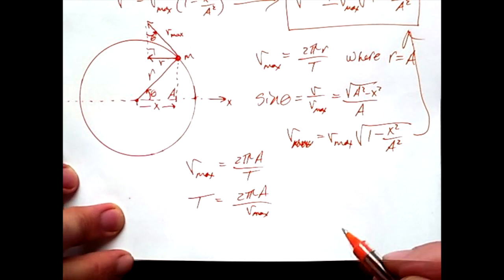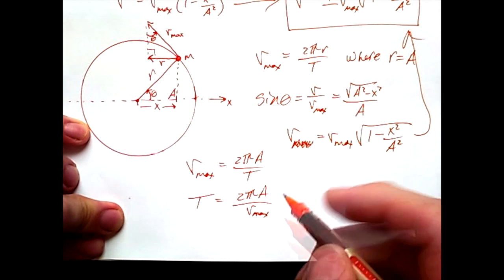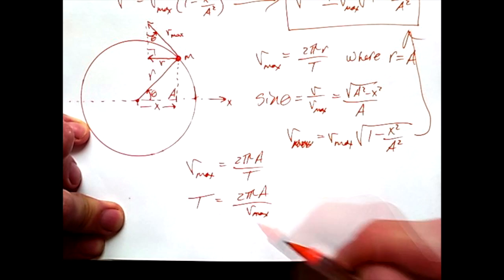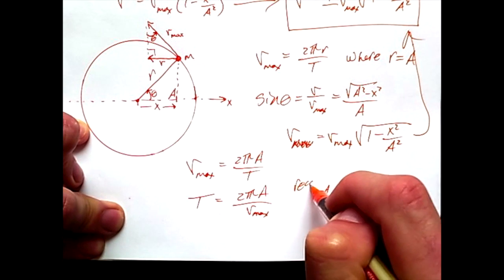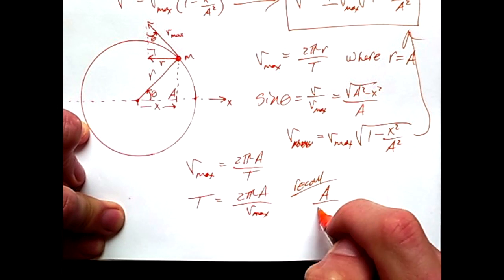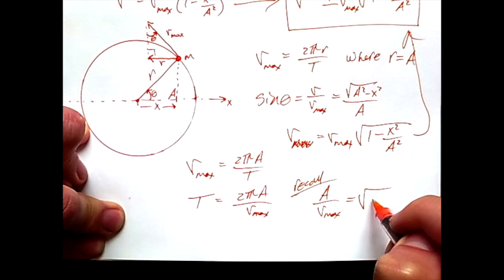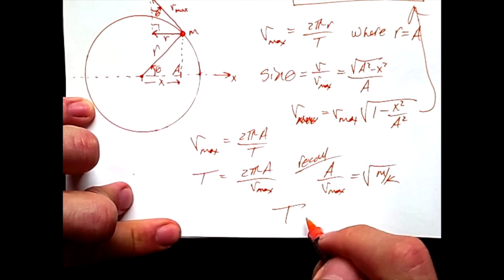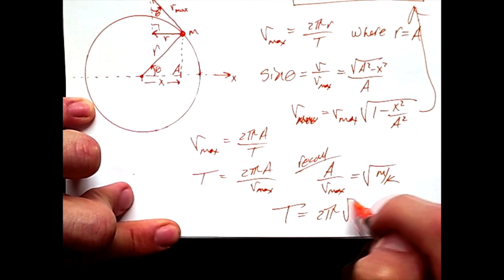But as we saw in a previous video earlier in the year, the maximum velocity has a proportion to a over v max as being the square root of m over k. This is where we got our formula for the period of a harmonic oscillator as being 2 pi times the square root of m over k.